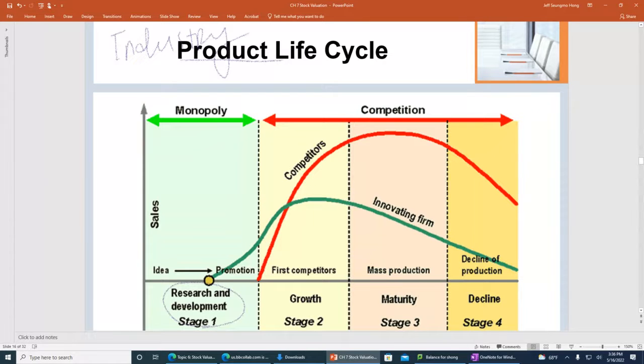If it is a completely new thing, let's say you just bought a flying car. It's an innovative product, isn't that right? Because a flying car has never existed before.